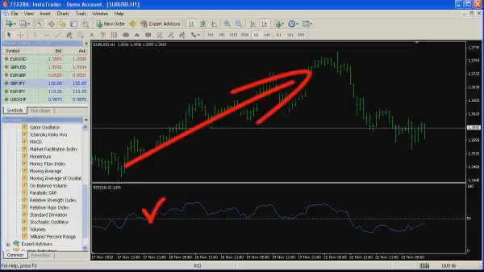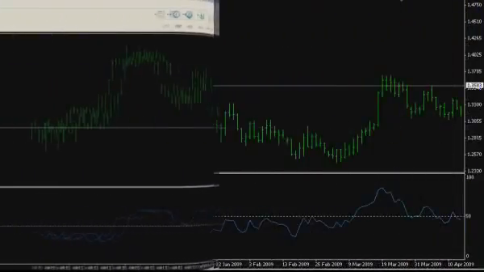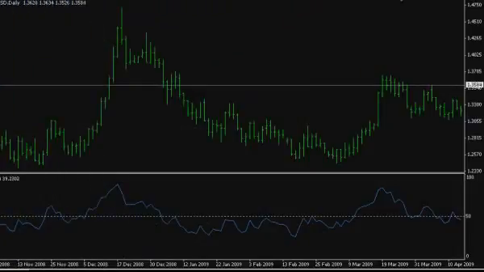Brief breakouts of this level give a good opportunity to open a position along the trend or add up to the existing one. RSI oscillator can give signals about probable change of the current market trend or the price coming out of the flat zone that is characterized by a weak trend or its absence.